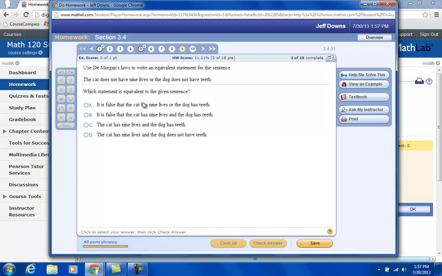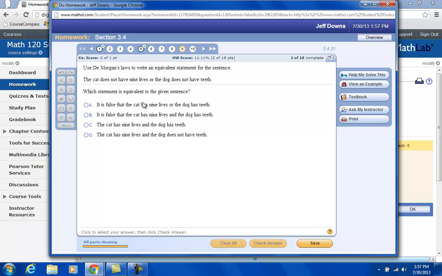I'm not on my other program. Need something to write on though. It's going to be, the cat does not have 9 lives, so not P, or the dog does not have teeth, not Q. So P is the cat has 9 lives, and Q is the dog does have teeth.